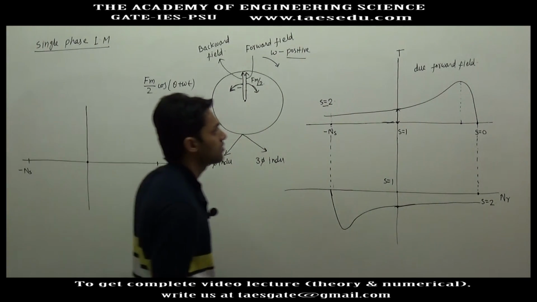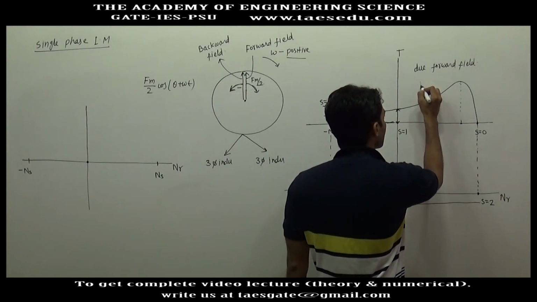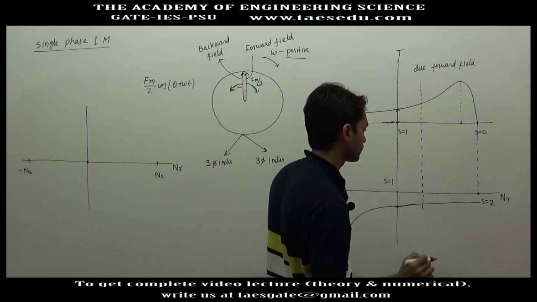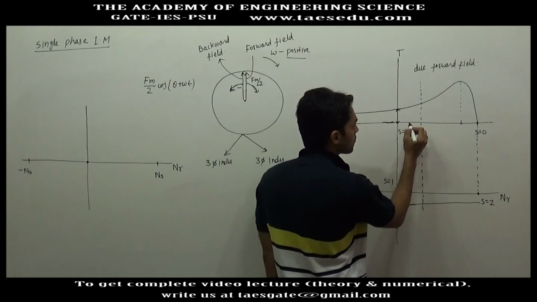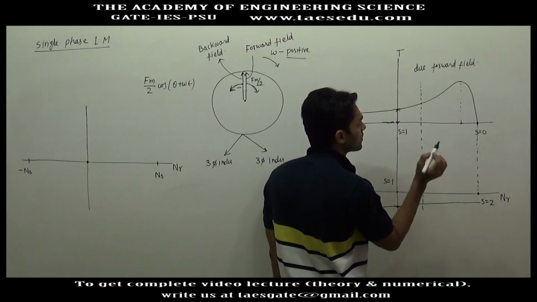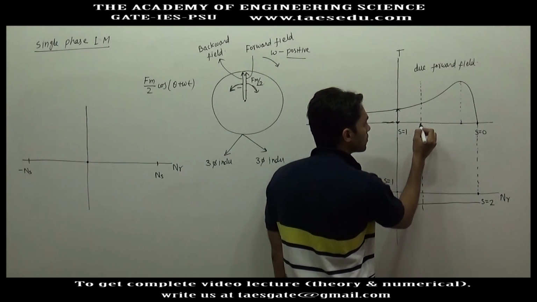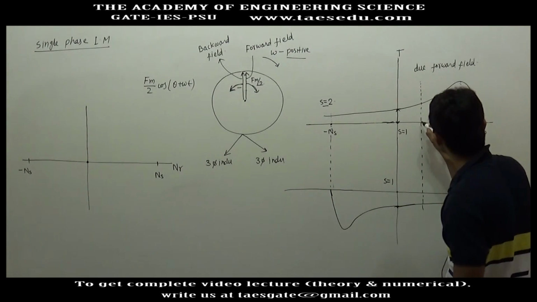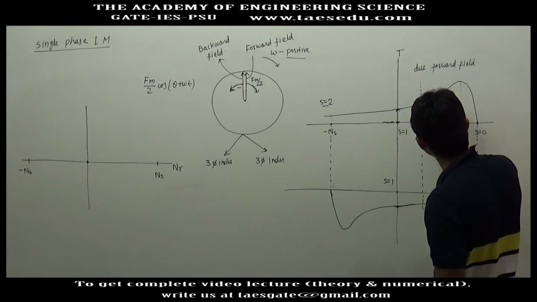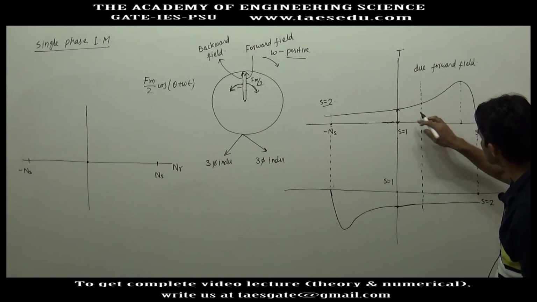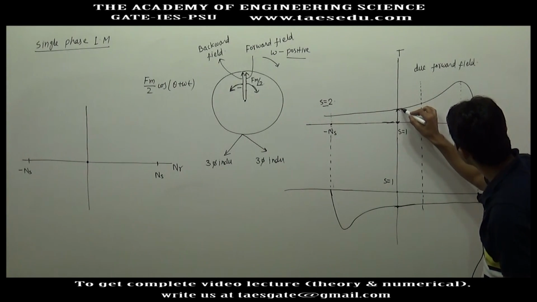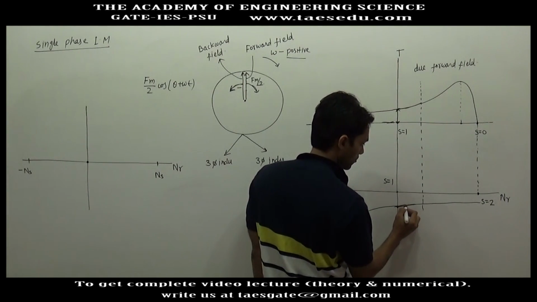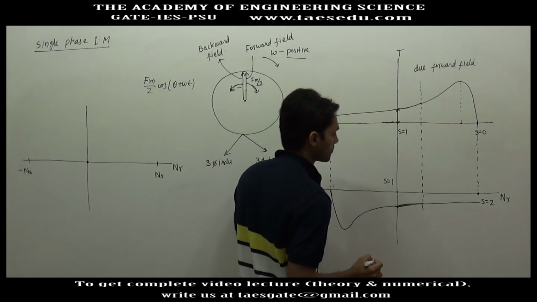Now if you analyze torque at some positive speed, the slip with respect to the forward field decreases, or you just see that for a positive speed the forward torque increases and the backward torque decreases.